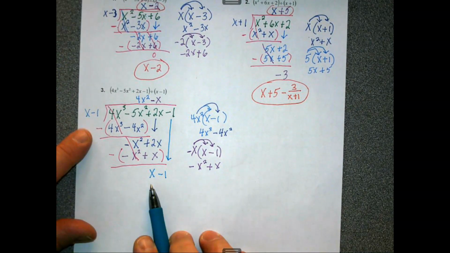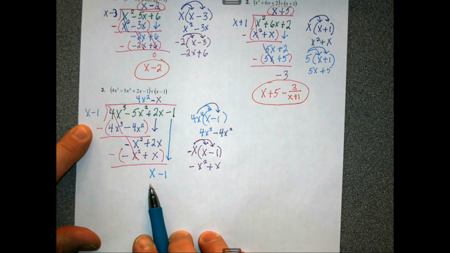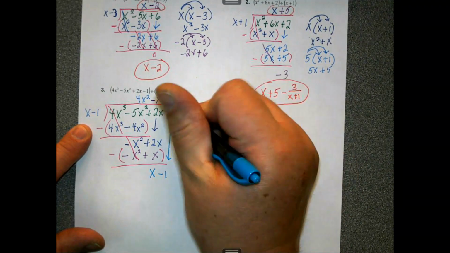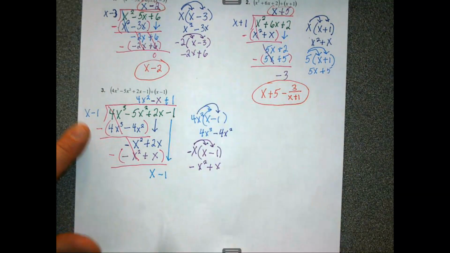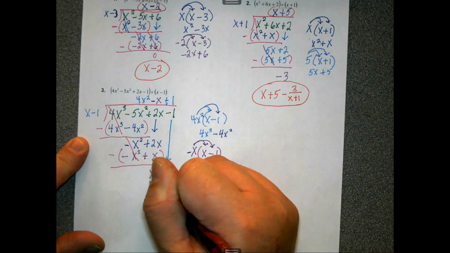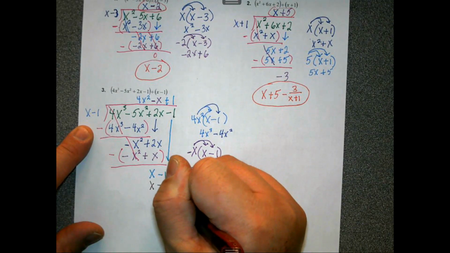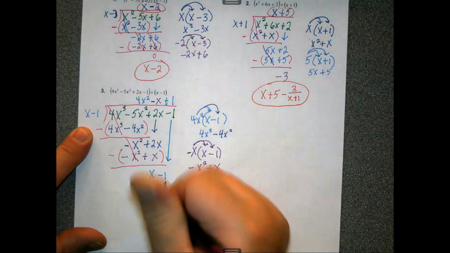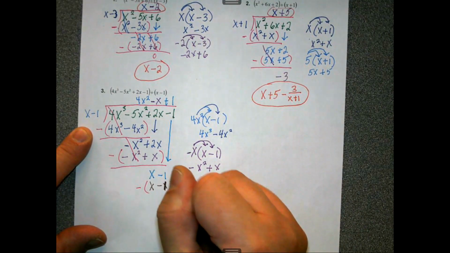And look at that. What do I multiply x minus 1 by to make it x minus 1? Yeah, just a positive 1, right? One times x minus 1 is x minus 1. Going to subtract this quantity.